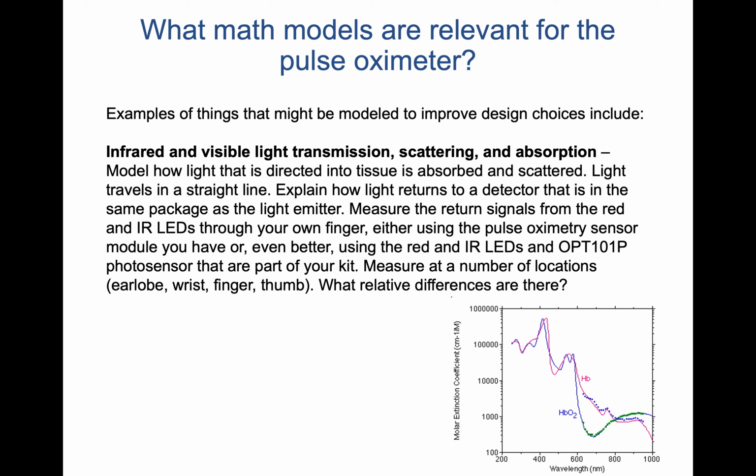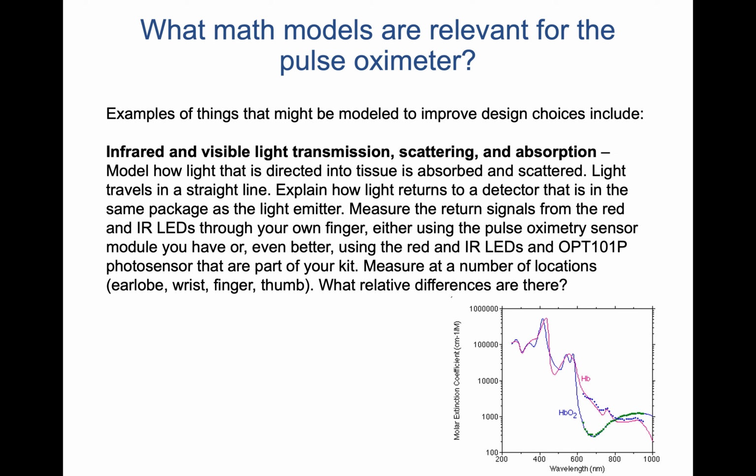As your heart pumps that blood into your finger, there's a differential signal depending on the wavelength of the light that you use to interrogate. So explain how light returns to the detector in the same package as the light emitter. If light travels in a straight line, how is it turning around to come back to the emitter?